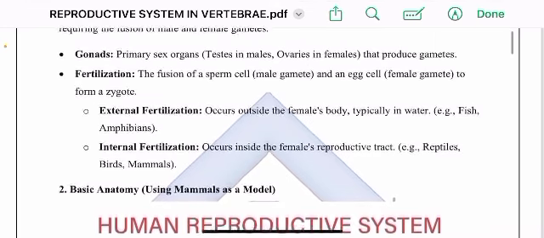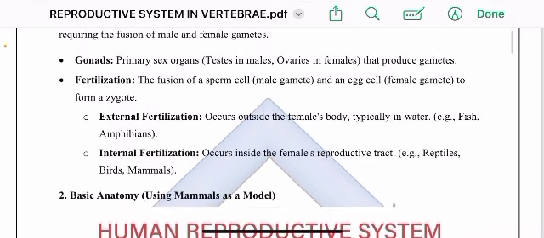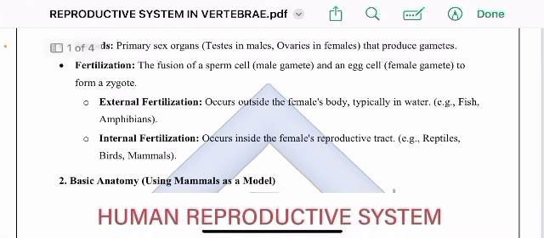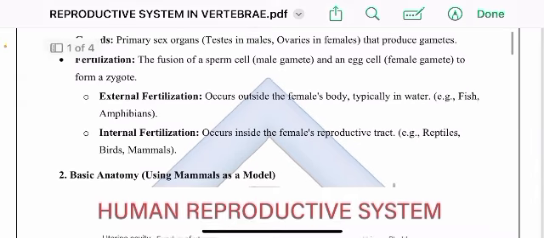Now, fertilization can occur in two types generally. We have external fertilization, which occurs outside the female's body, typically in water. Examples of organisms that practice this are fish and the amphibians.